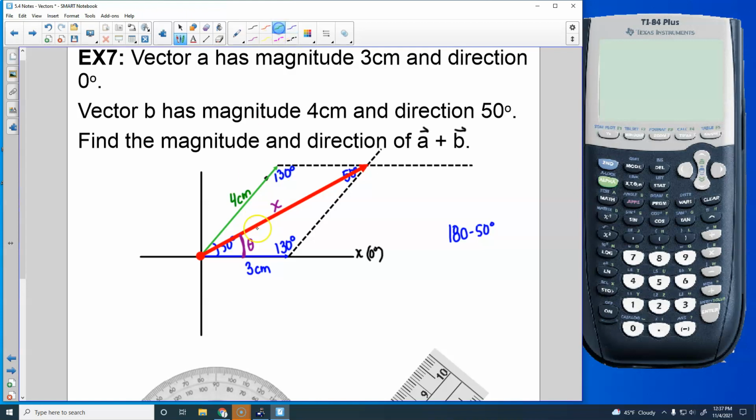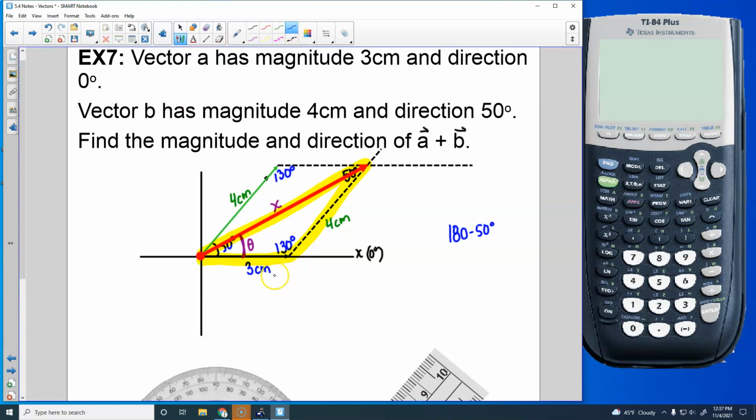Good. So if this right here is 4, it also has to be 4 centimeters here. We cannot use Pythagorean theorem, because this is not a right triangle. So cosines is what we're going to have to use here.